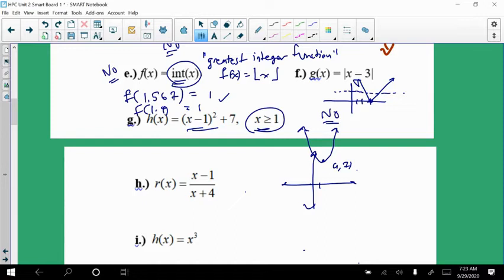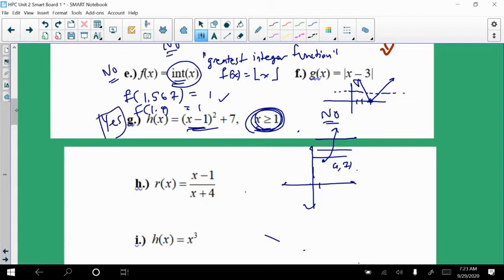Which means I don't take this side here. This side of the parabola is missing. So then I could say, well, wait a minute. Now that I only have half of this branch because I divided it at the vertex, yeah, it does pass the horizontal line test because I've restricted the domain. So this one is definitely a yes.